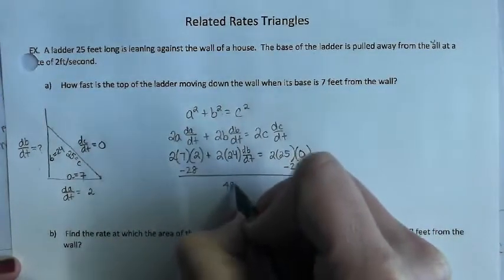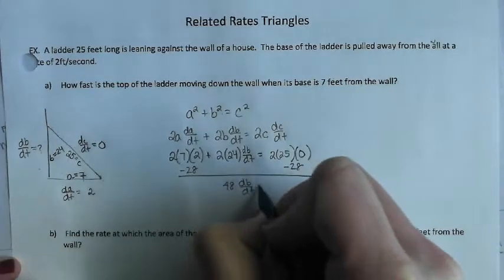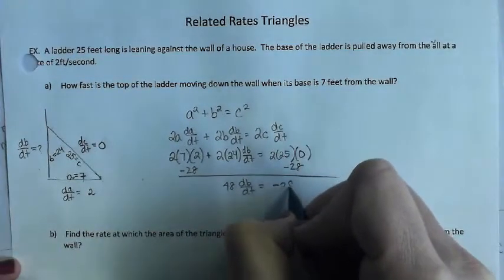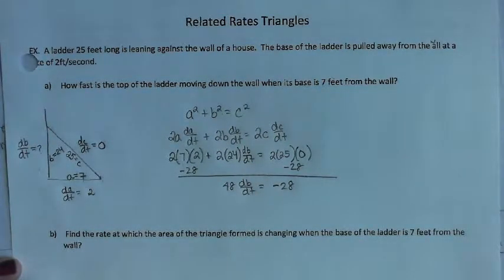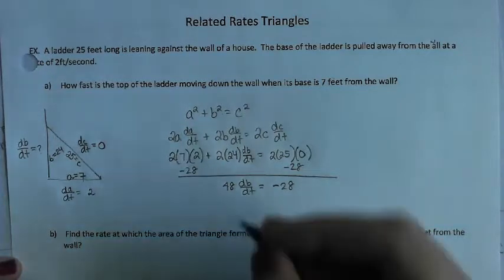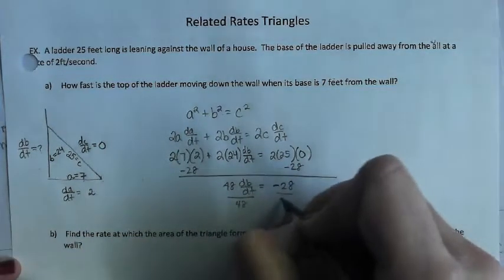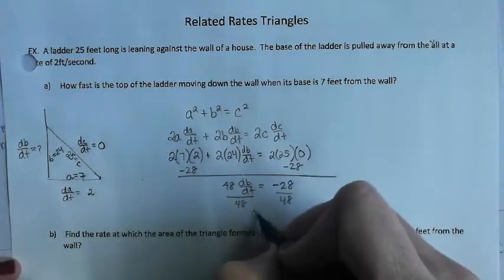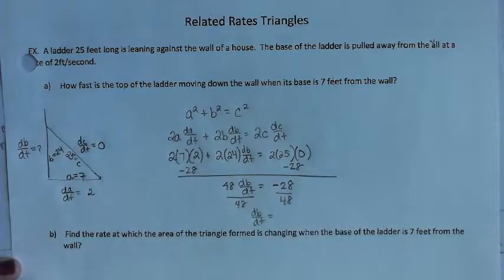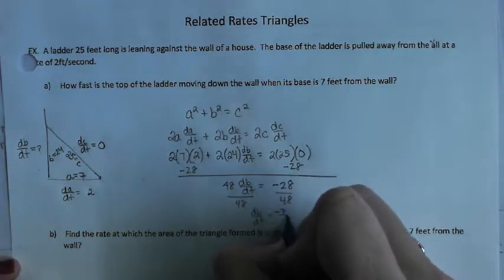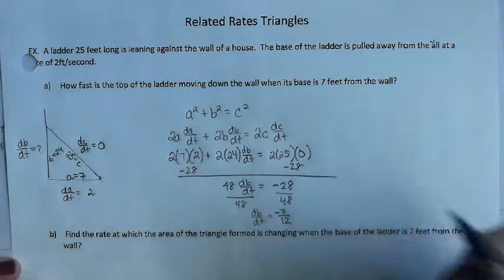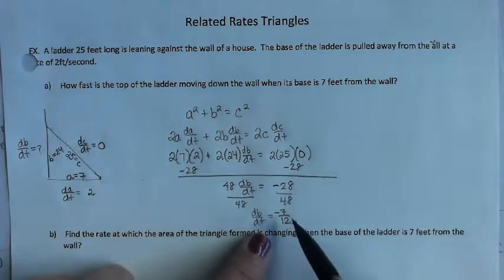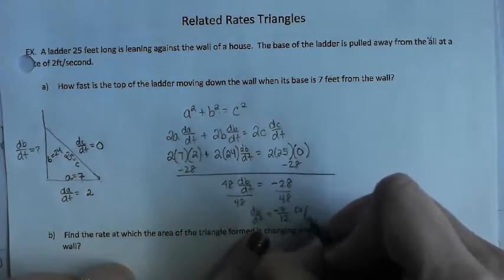So I get 48 dB/dt equals negative 28. Divide by 48. So dB/dt equals, oh boy, divisible by 4. So negative 7 over 12. And the units would be feet per second. It's a rate.